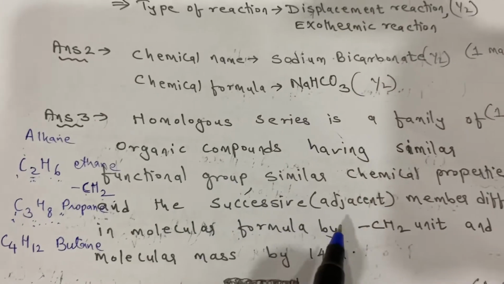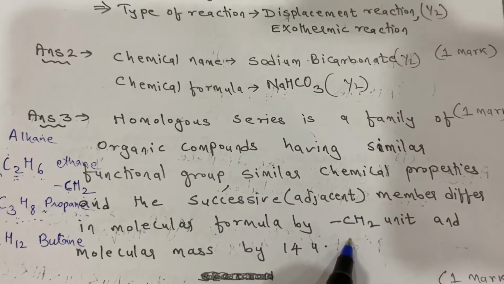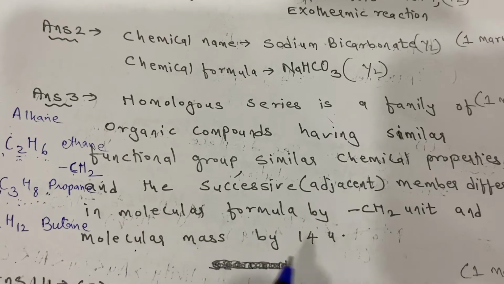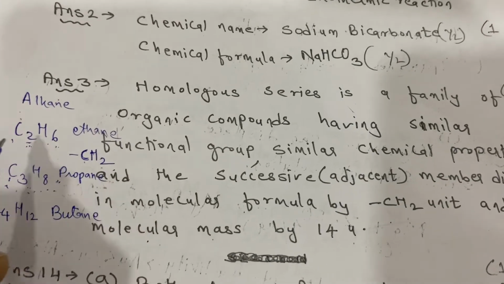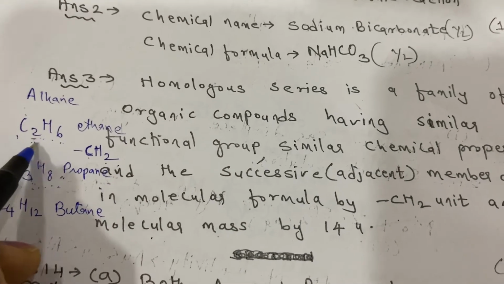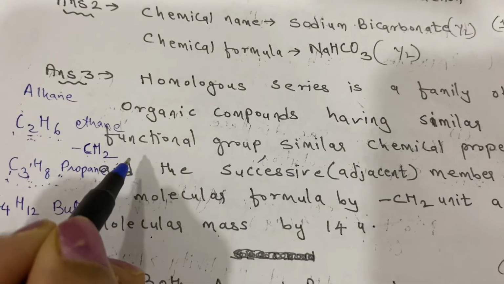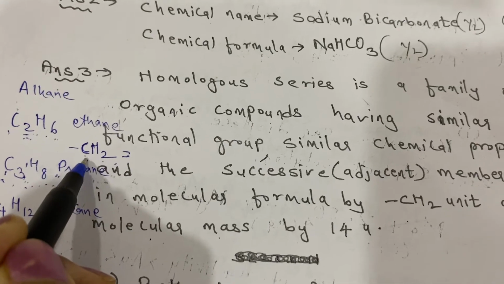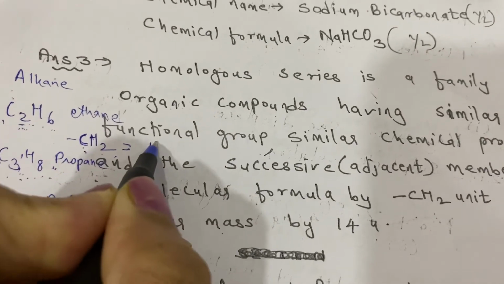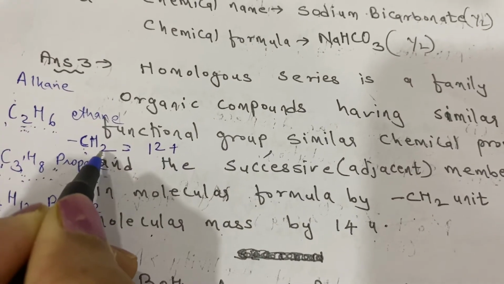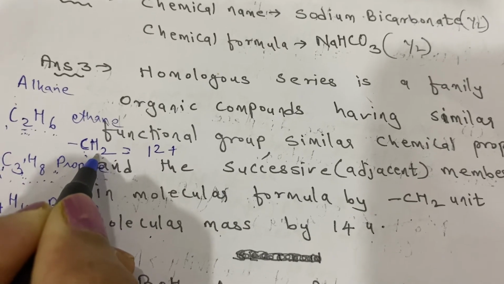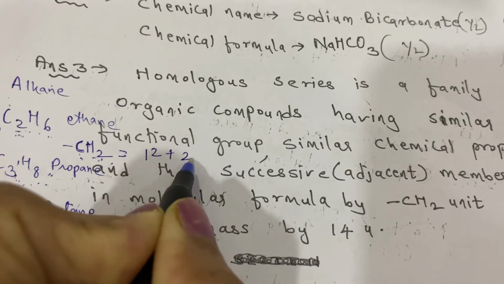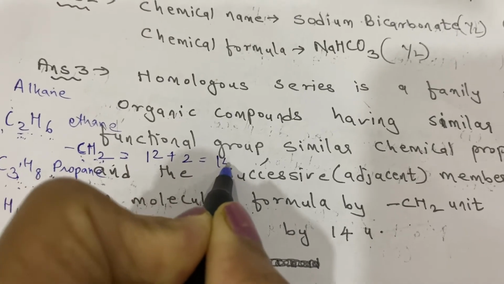So this is the second point. And then what is the difference between them? Molecular mass of 14u. That means in both of them the molecular mass difference is also 14u. How is 14u calculated? Molecular mass of carbon is 12u plus molecular mass of one hydrogen is 1u, so if there are 2 hydrogens, it is 2u. So it becomes 14u.